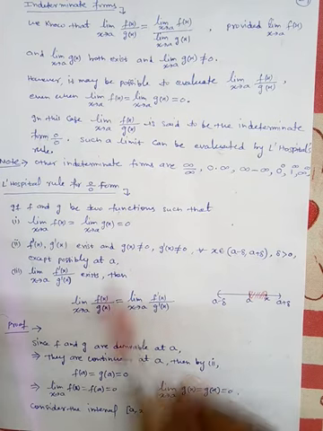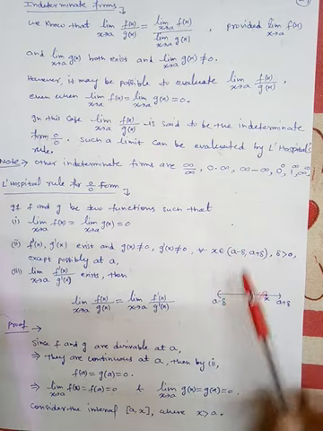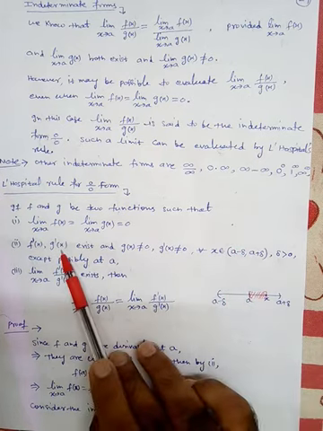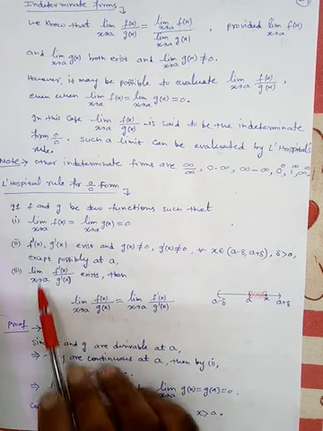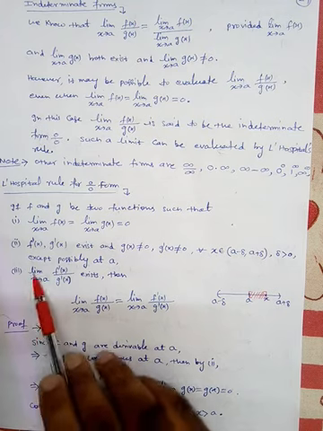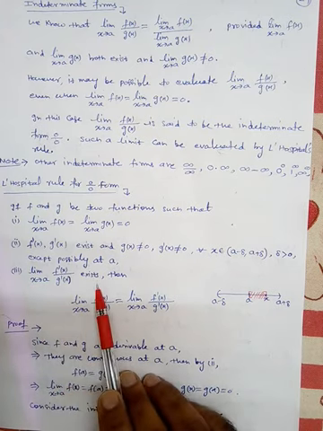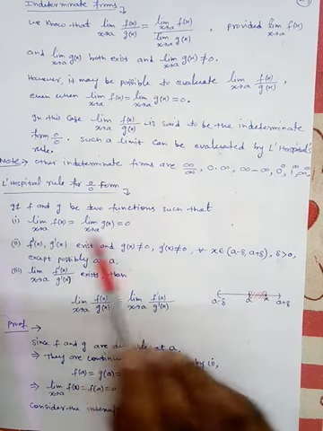So that means in the deleted neighborhood, g of x is non-zero, g dash x is non-zero, and both exist. Both function derivatives exist. And the third one is limit x tending to a f dash x by g dash x exists. Then, so these are three important conditions.